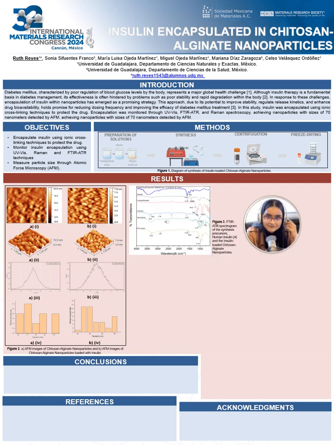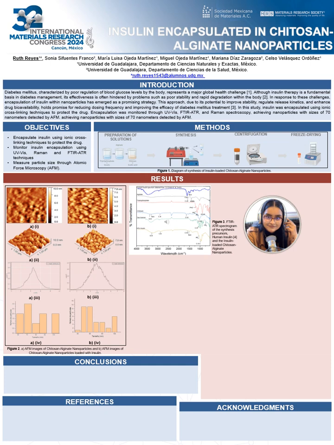Next, let's analyze the FTIR. In this case, the nanoparticles were lyophilized for analysis, and we also analyzed the precursors separately. The insulin signal shown in blue was taken from Kien 2020.